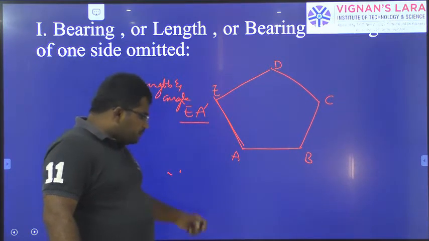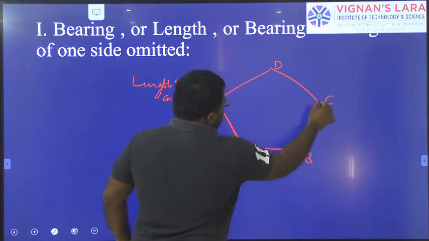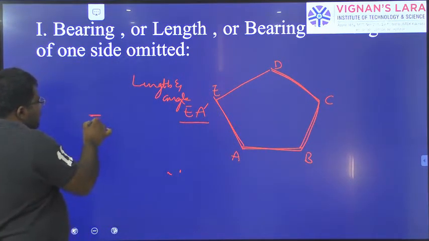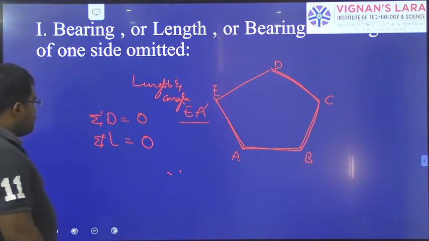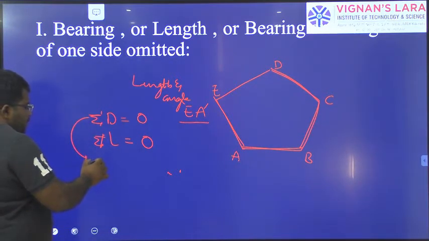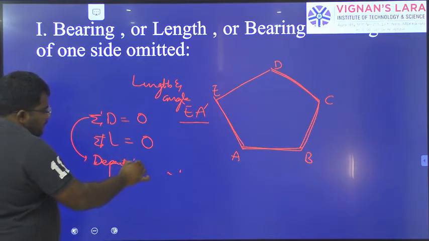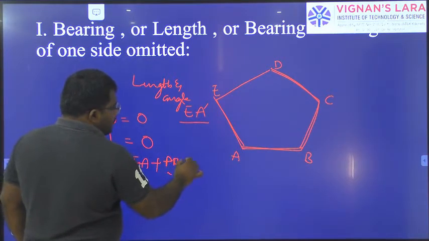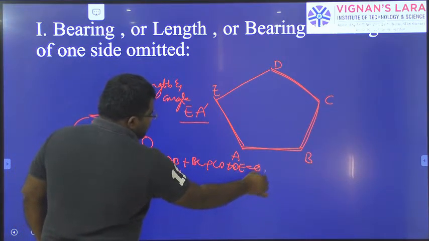So now what do I have to do? We know the values up to this, from A, B, C, D. By summating all departures and summating all latitudes, we will make them equal to zero. So in the first case, the departure of EA plus AB departure, plus BC departure, CD departure, DE departure is equal to 0.